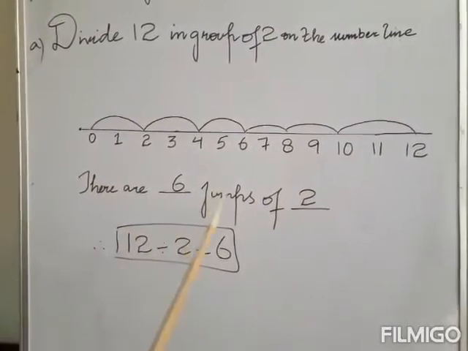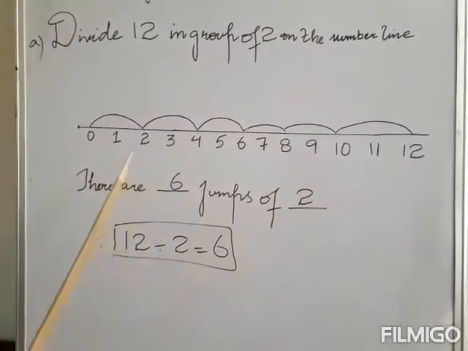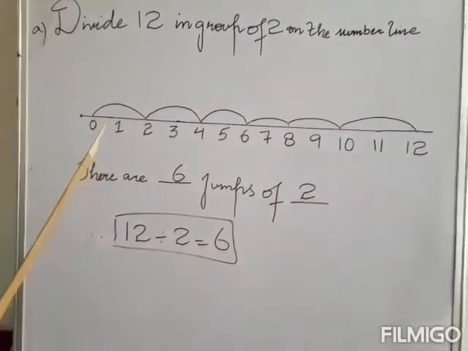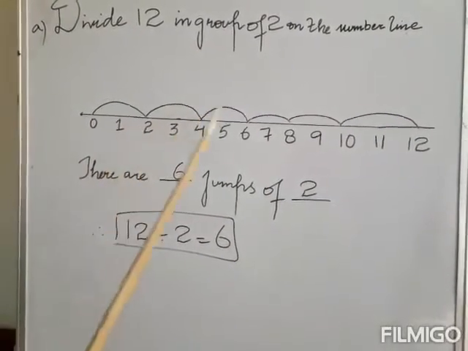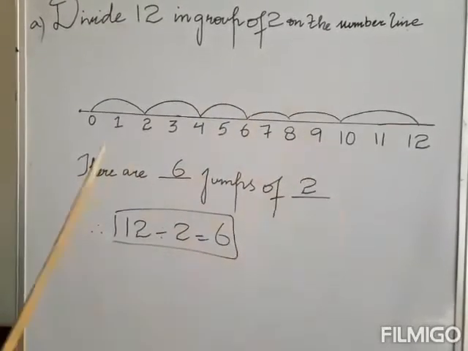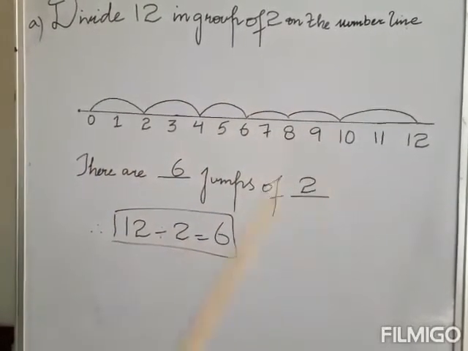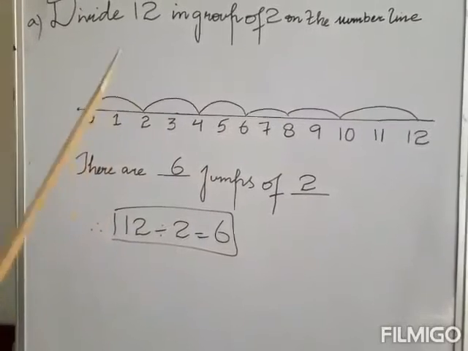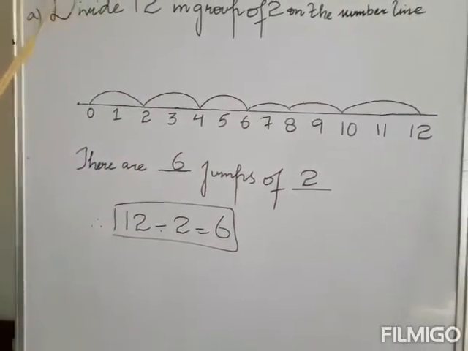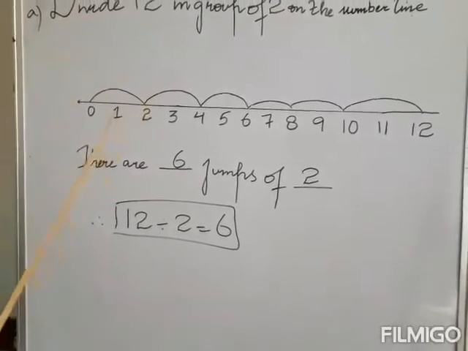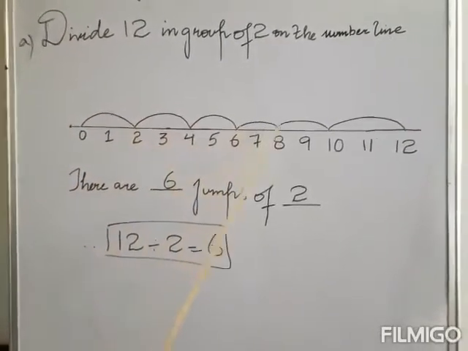There are 6 jumps of 2, because here we are doing skip counting by 2. We are taking the jumps of 2. 1, 2, 3, 4, 5, 6.